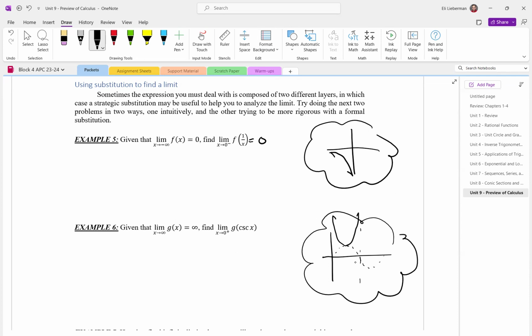What happens when I plug in very small values of x here? It's huge, going to infinity. So once I plug in those numbers into this function, it's gonna spit out numbers that are going to infinity. See, I get it. That's why the answer is infinity, because it's ultimately the same thing. Right? It's crazy. I get it.